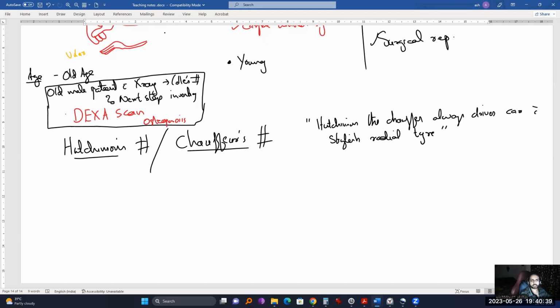So the point is Hutchinson or the Schoffer fracture involves the styloid process of radius. Okay, it's the fracture of the styloid process of radius.